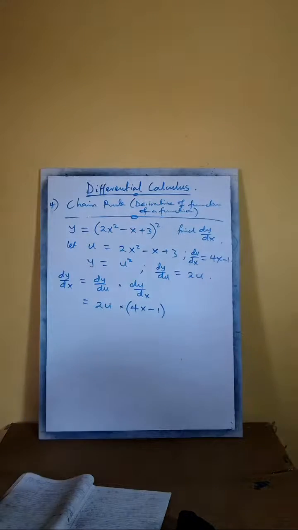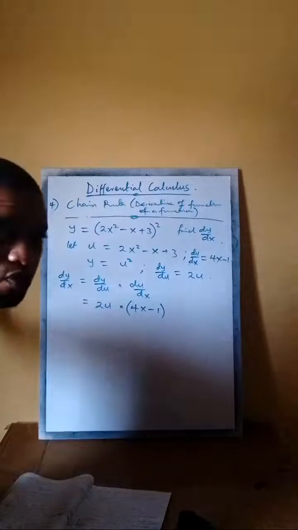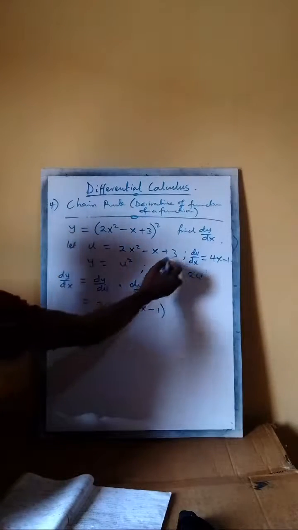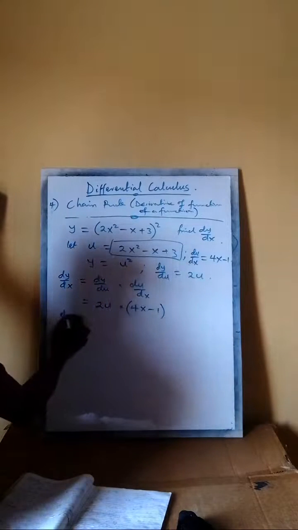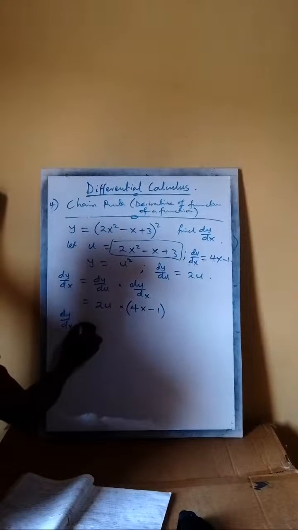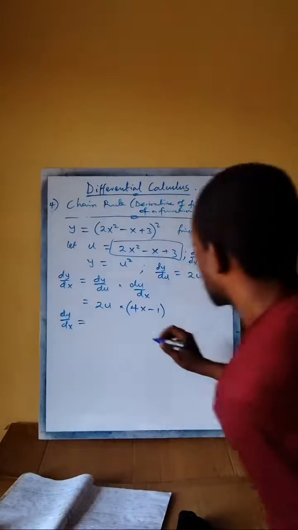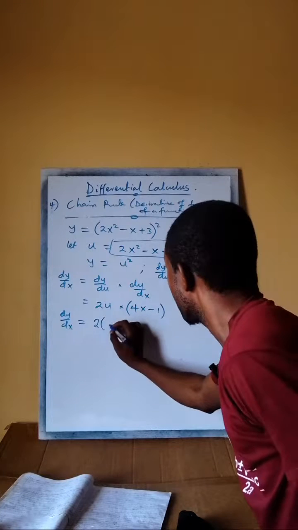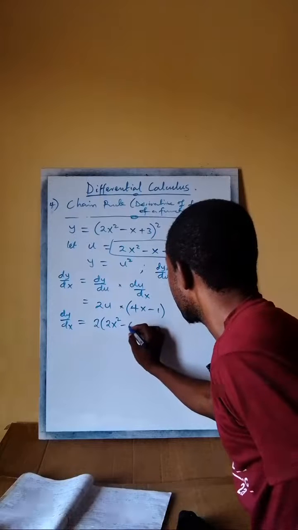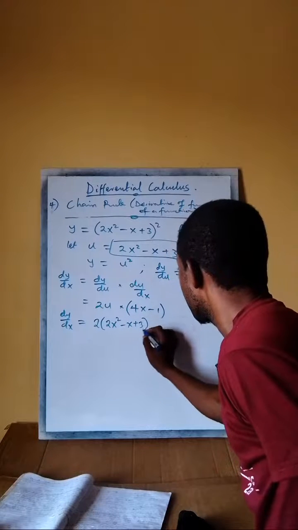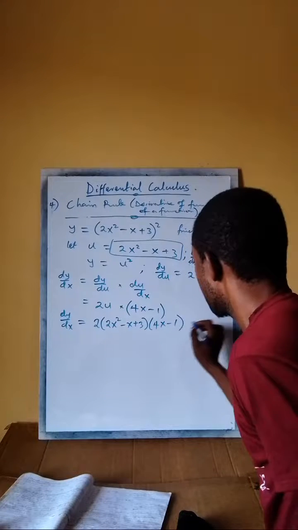Then we can substitute the value we have as u, because we denoted u as this. So dy/dx will be equal to 2 times (2x squared minus x plus 3), times (4x minus 1).